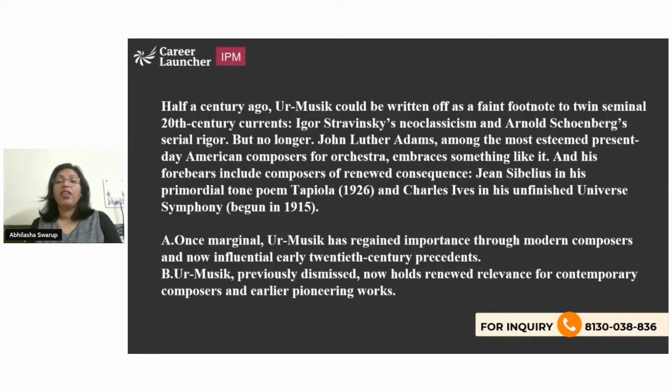All right, let's try and read these options and identify which of these will be the correct answer. Once marginal, Ur music has regained importance through modern composers and now influential early 20th century precedents. Ur music, previously dismissed, now holds relevance for contemporary composers and earlier pioneering works.